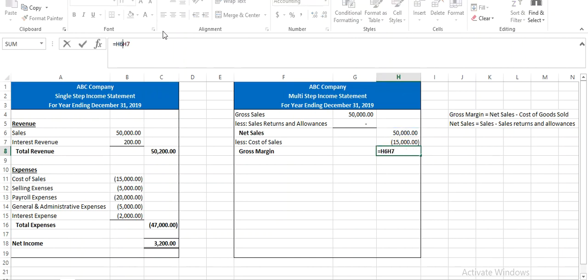Because if it's not, then that means we have to fix it. So I know that 50,000 minus 15,000 is not 65,000. So therefore I had to make that adjustment there. Okay, and so this is the first step in preparing the multi-step income statement, because we have arrived at our gross margin. So in this instance, the gross margin for the company is $35,000.